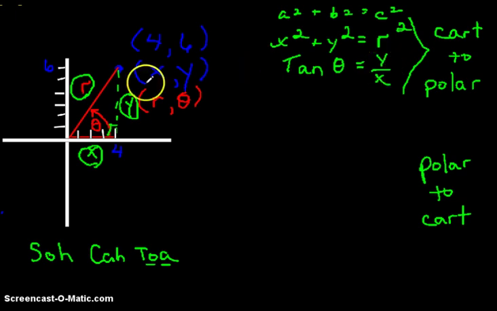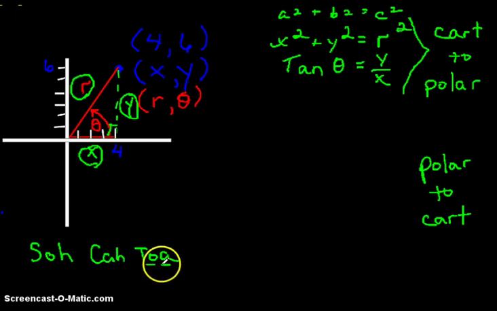So let's see. We go back to our diagram. We got the theta. The r is the hypotenuse, and the y is the opposite. So let's try and think of a relationship that we know that involves the theta, of course, and the opposite and the hypotenuse.